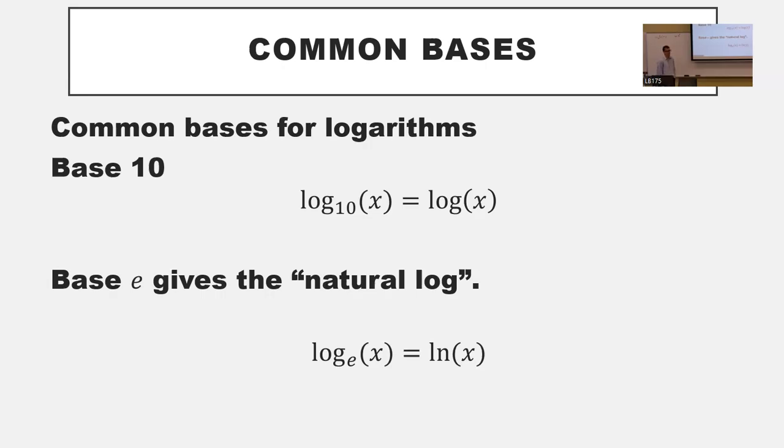Because not every language puts the natural in front of the log. Most Latin-based languages use logarithm natural, right? That's what it would be. So ln is what we get. ln is the natural log, base e.